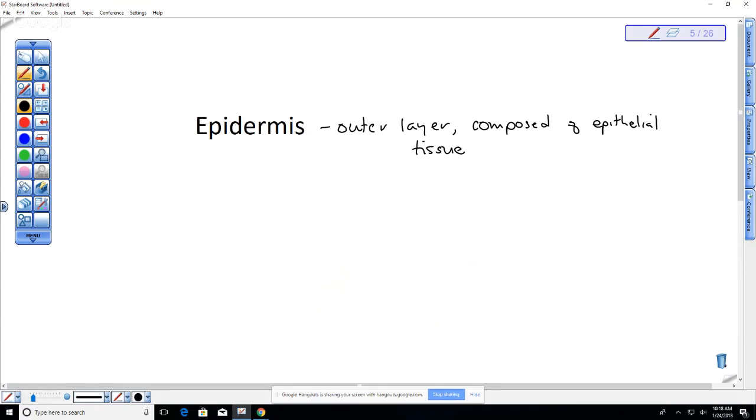Now, the dermis is the inner layer, and the dermis is composed of connective tissue. Underneath the dermis is what is referred to as the hypodermis.